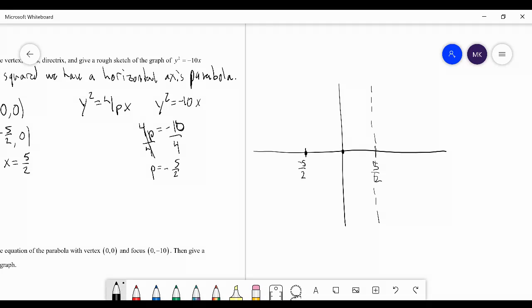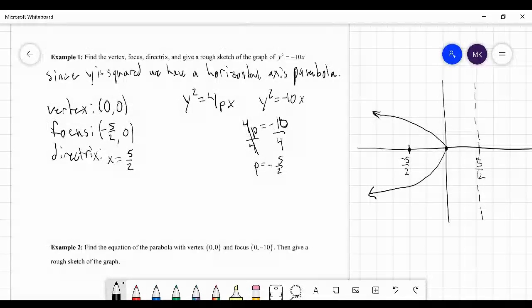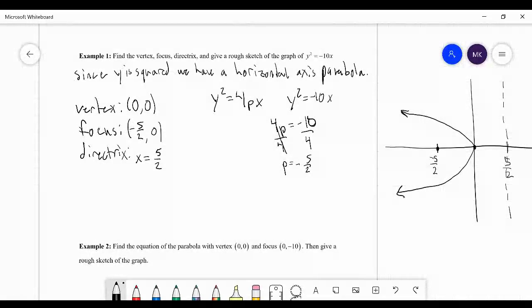And now, while it'd be really nice to have something that would measure this out, we're just going to sketch a parabola. All right. And there we go. There we have it. Now, for those of you wondering how we are going to graph these things later, say using our calculator, hold off, and I promise we will talk about that.